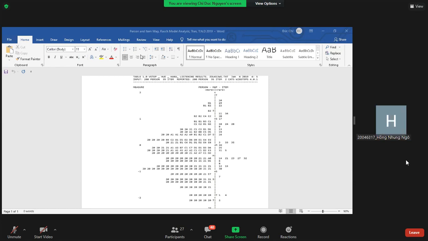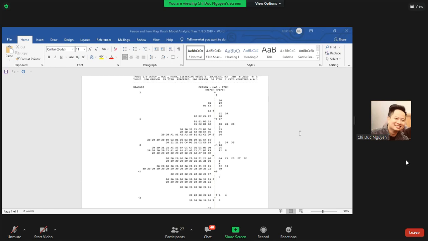As you mentioned earlier, questions 1, 2, and 4 are the easiest ones, so there should be the largest proportion of students who are able to answer them correctly. Then we move up a little bit with the medium or intermediate level of difficulty in the middle, and for the top with the 3 most challenging questions, it's okay because I can see very few students manage to answer them correctly.